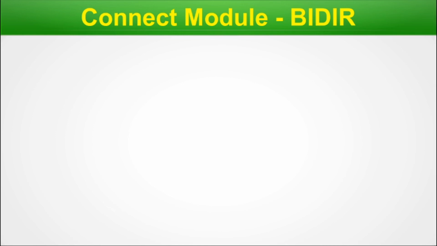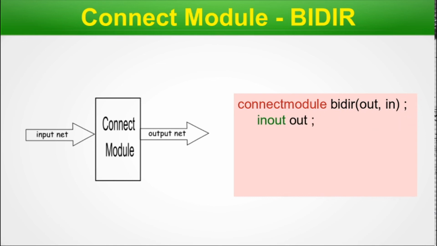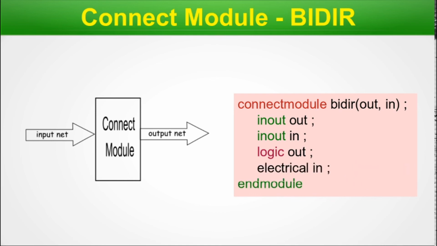So let's talk about the bidirectional, that is BIDIR. Let's see what the structure of this connect module is. We have inout, both for input and output, so it can be bidirectional. The logic is out and electrical is in, and we end the module with endmodule.